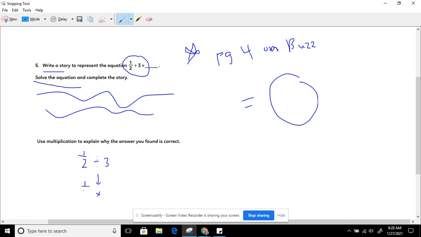Your first number stays the same always, 1/2. 3, you can change to a fraction by putting a 1 underneath the 3. 3 over 1 is equal to 3 wholes. You're going to flip that second fraction. So it's 1/2 times 1/3. And then you would solve it. Okay, and that answer should be the same as the answer you get from your word story.